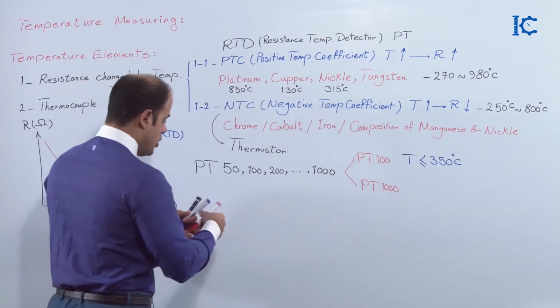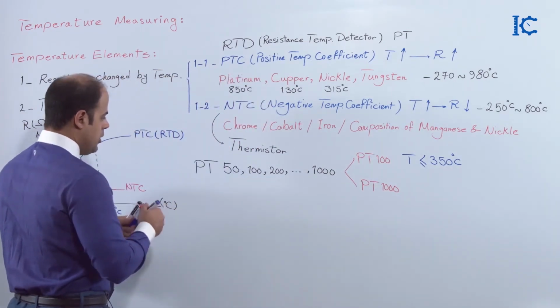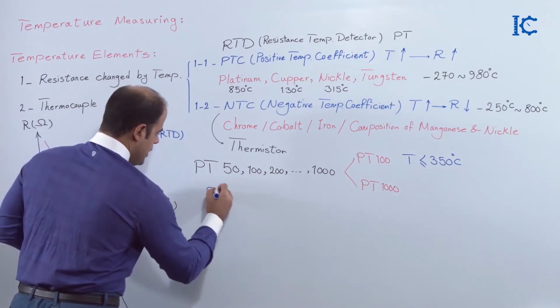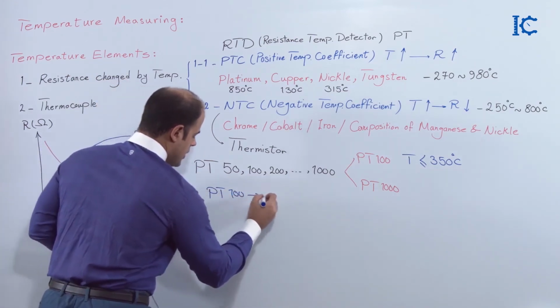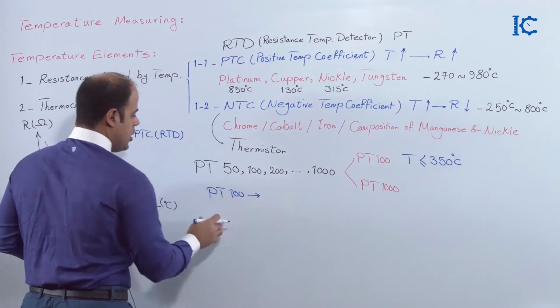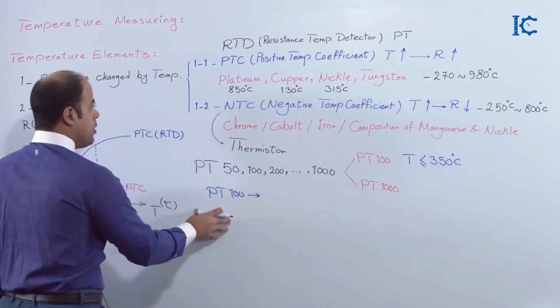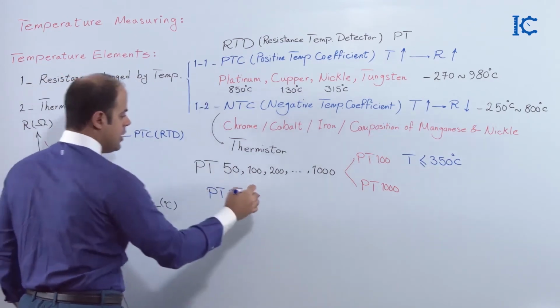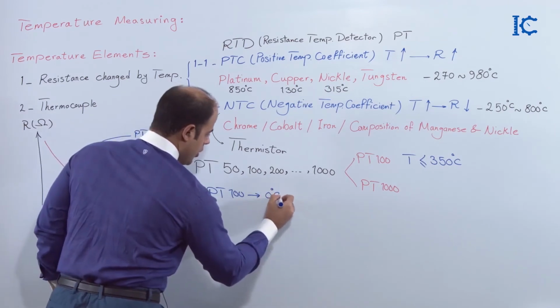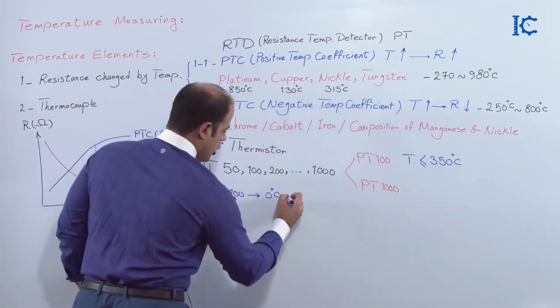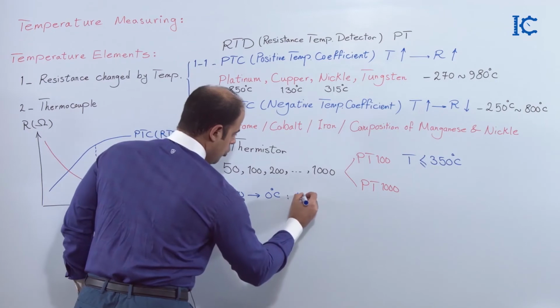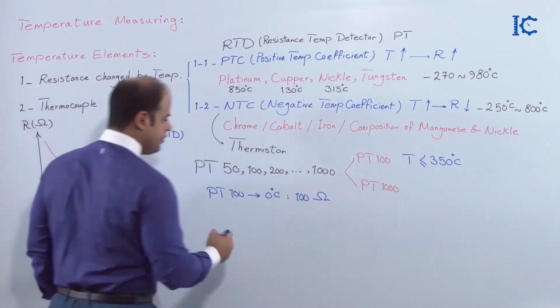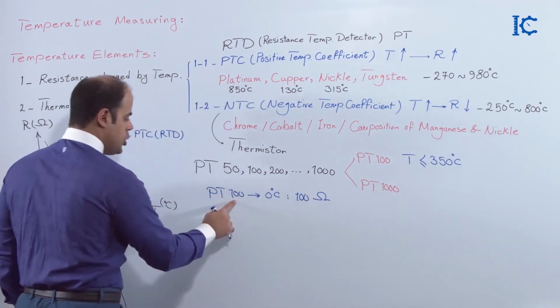Okay, so let me draw an example here. When I say PT100, it means it's a type of sensor which has been made of platinum, and at 0 degrees centigrade, it shows 100 ohm. So now you know this one.